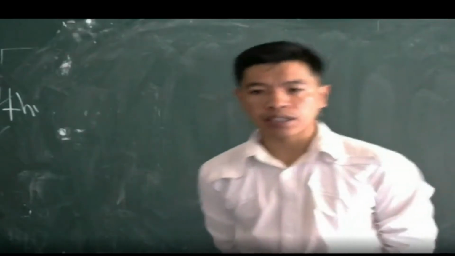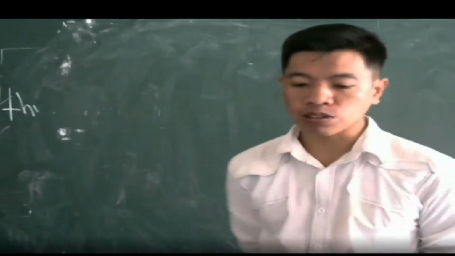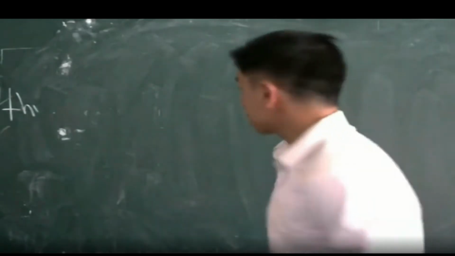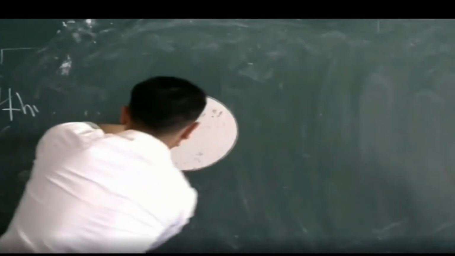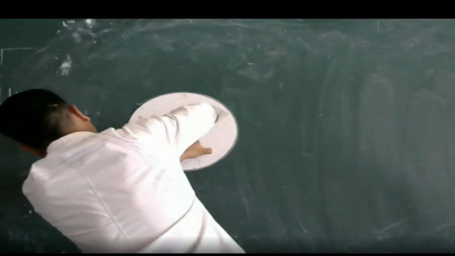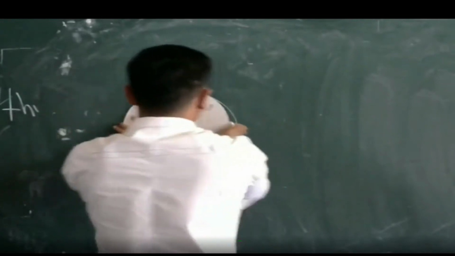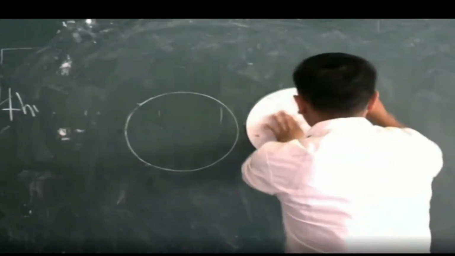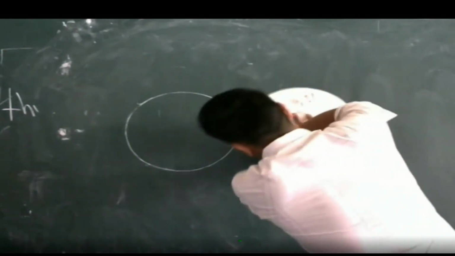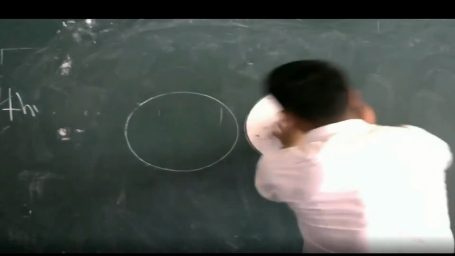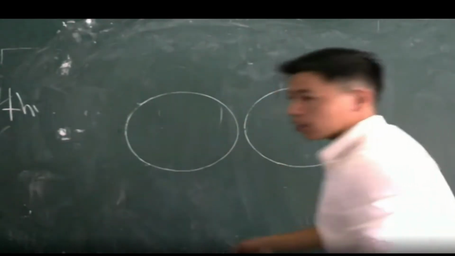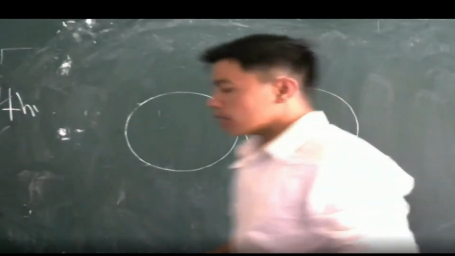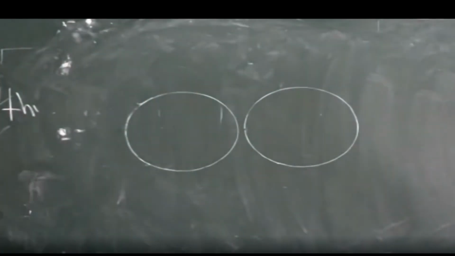What is a Venn diagram? A Venn diagram is an illustration that uses circles. If we are pertaining to sets, a Venn diagram is a very important thing for us to compare, to relate, or to see the relationship of the sets.